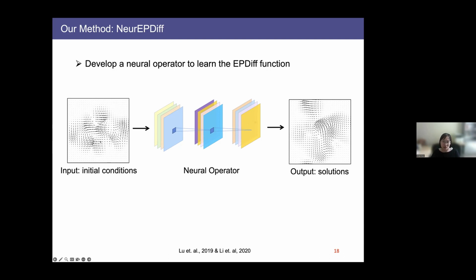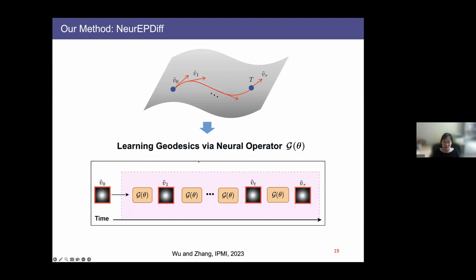With any initial velocity condition, our neural network learns the function to directly output the solutions, so you don't have to numerically compute the very expensive integrators of the geodesic shooting. At IPMI 2023, my students presented the work showing that the deformation process, the path along time, can actually be learned through a neural network.